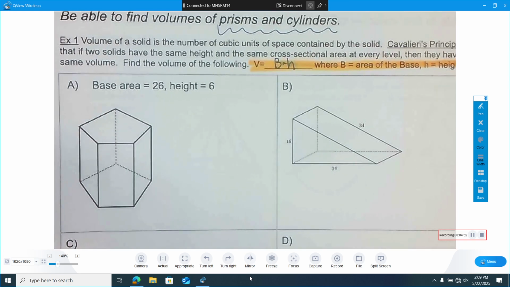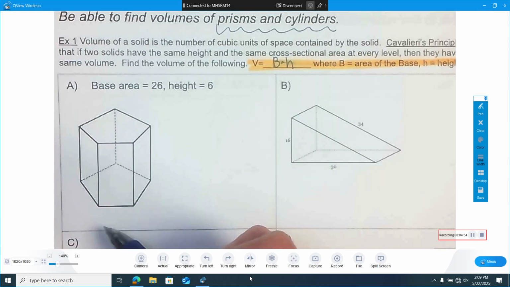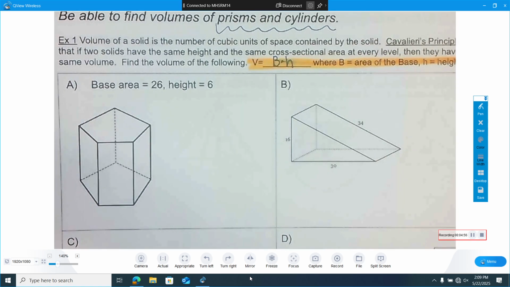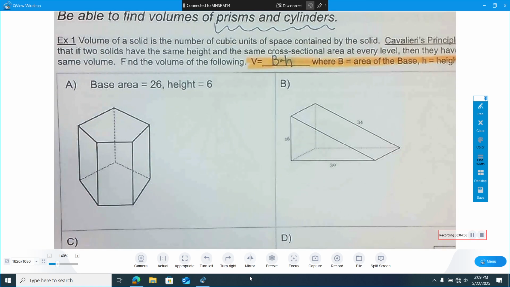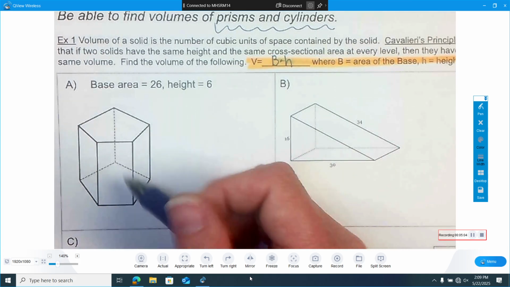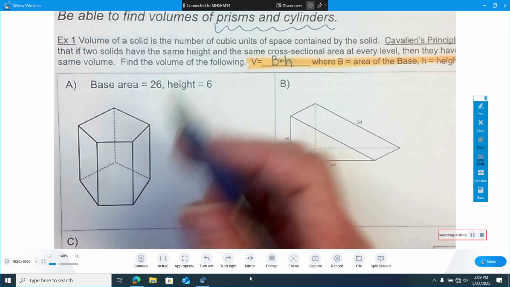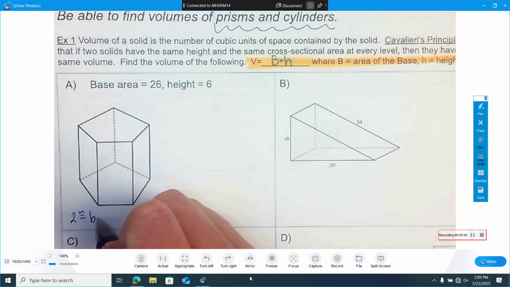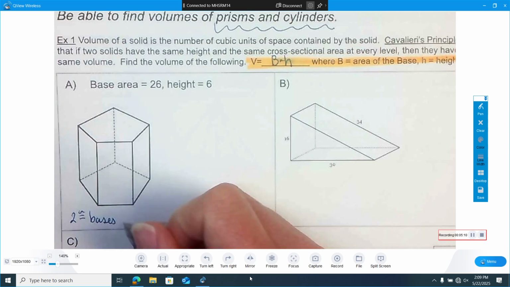On letter A here, I want to find the volume. First question, is this a prism or a pyramid? Prism. And a prism has two congruent bases. What are our two congruent bases here? The pentagons.